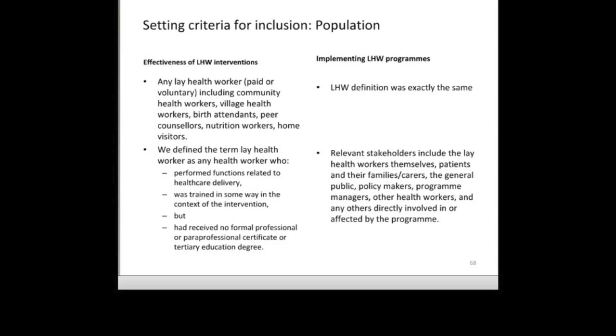For the qualitative bit, they used the same criteria, but they expanded the stakeholders to include family members, patients themselves, policymakers, and so on, and they included their perspectives and opinions as well on the topic. So here, this is an example of broadening your target group.